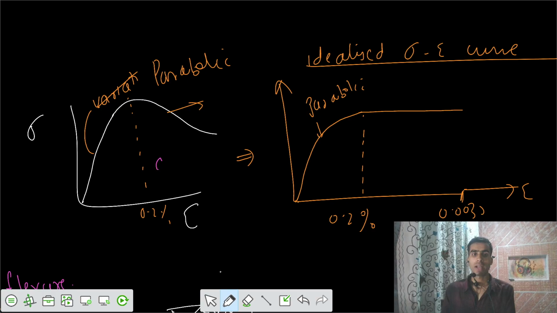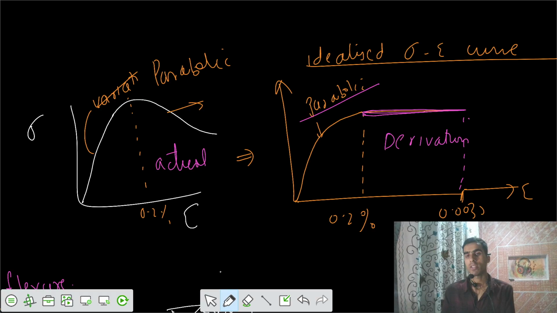So this was the actual one, and we idealize it for our derivation: stress is constant after the strain value of 0.2%.